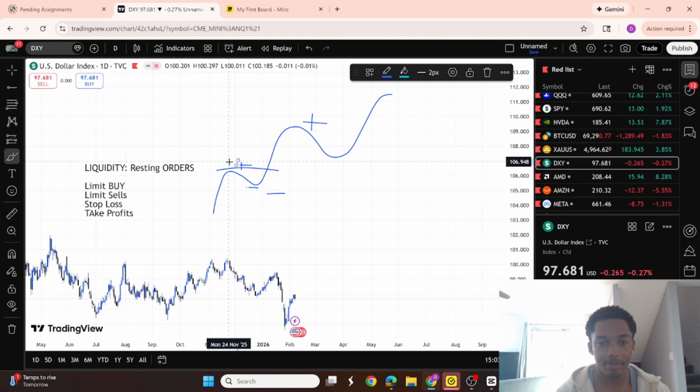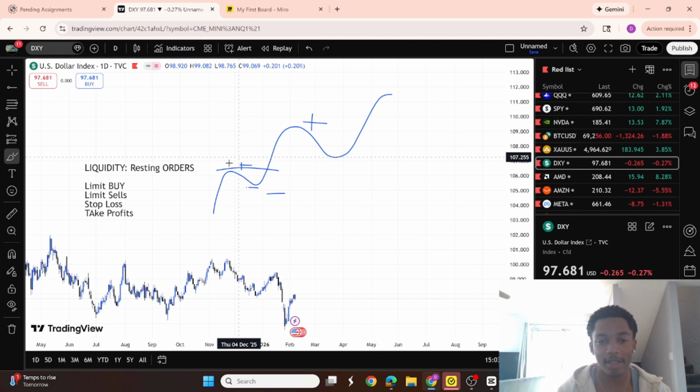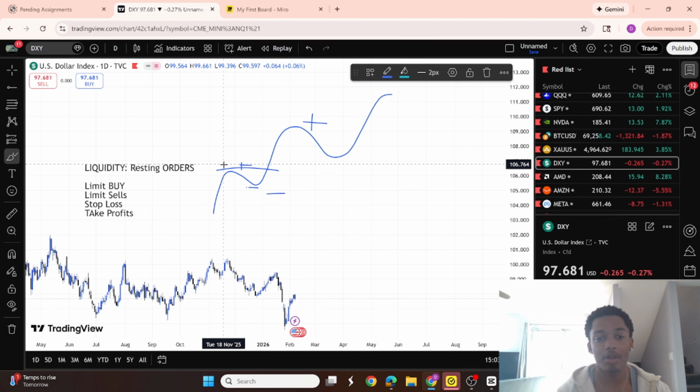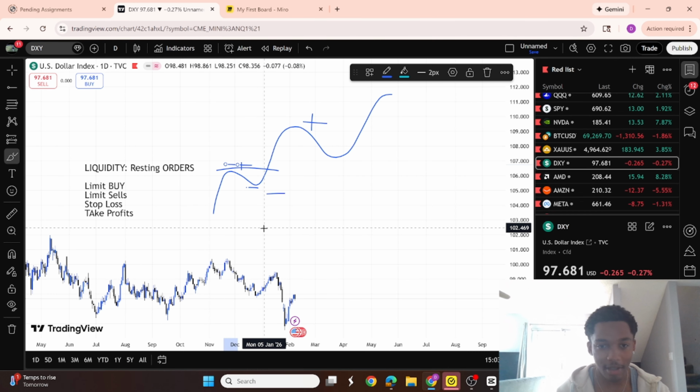Up here, when you're taking profits, all you're doing is selling back your position. You're literally selling positions. It's the opposite with the low. When you have a low, you have a stop loss, or you have a limit sell order. When you have a stop loss, you are buying back your trade at a loss, basically. So you are buying.